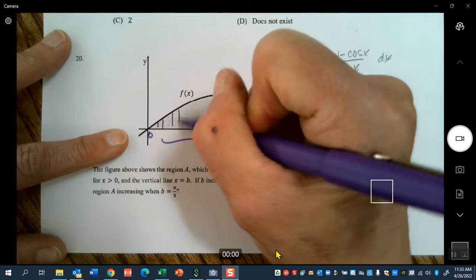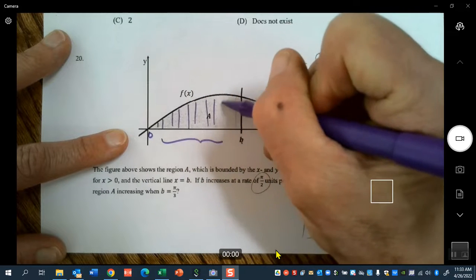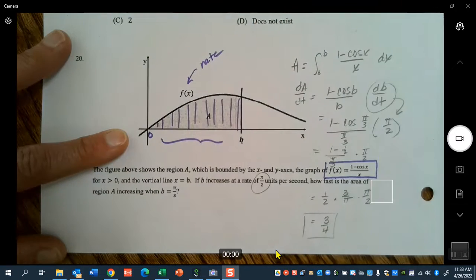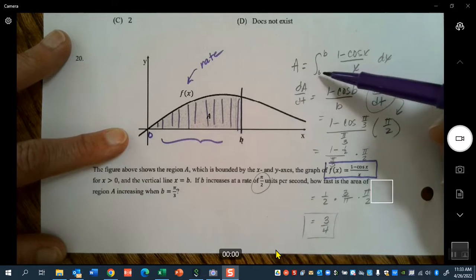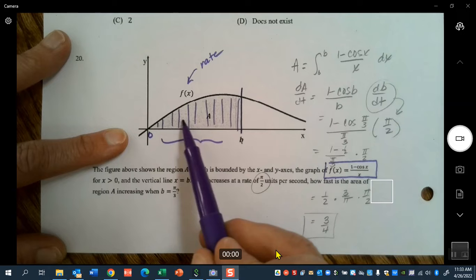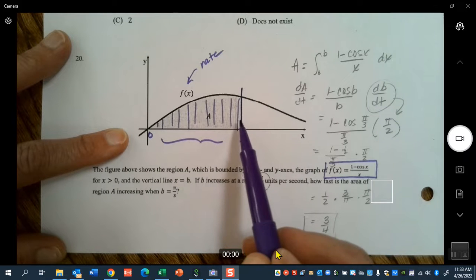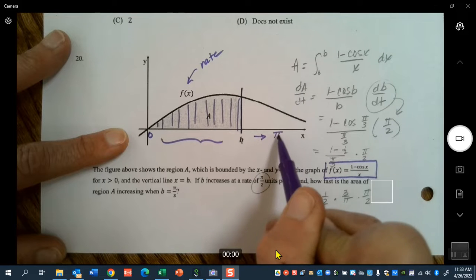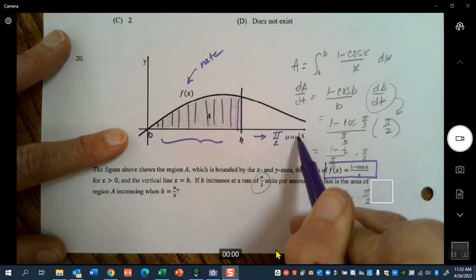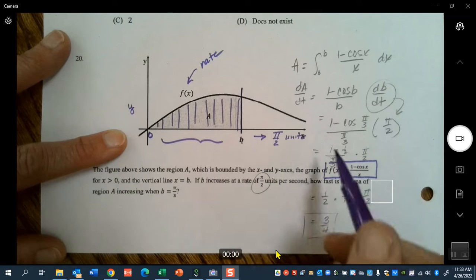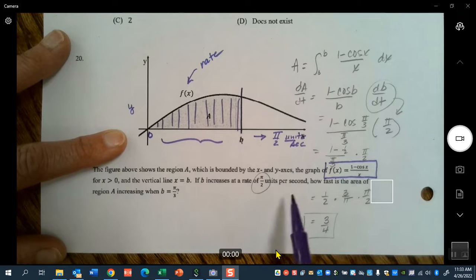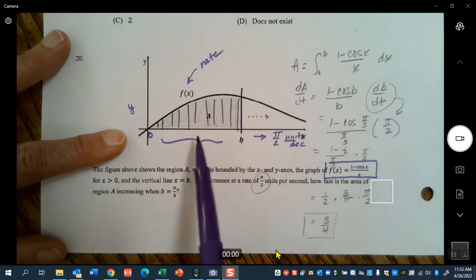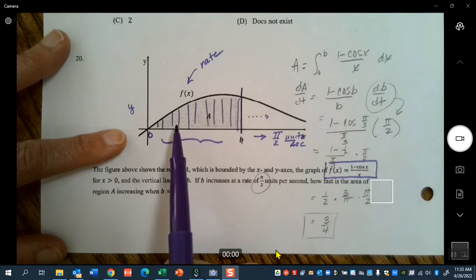I'm looking at this graph as a rate, and I'm thinking about finding the integral, which is the sum of all these little rectangles that help me calculate the area. B is moving this way at a rate of pi over 2 units, whatever my y units are that I'm measuring, per second. Second is my time. So b is sliding this way, and I want to know, how is this area changing?